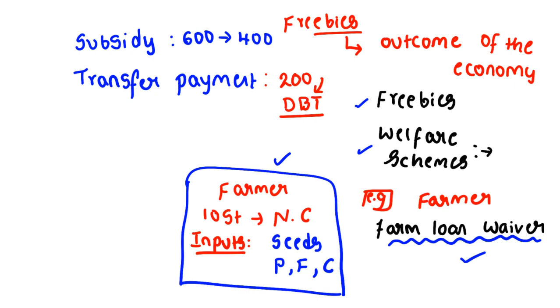Clear? Then see here, until now we are referring to the word subsidy. If I ask you the definition of subsidy, you might come up with some definitions, but a legally accepted definition is lacking in the world.